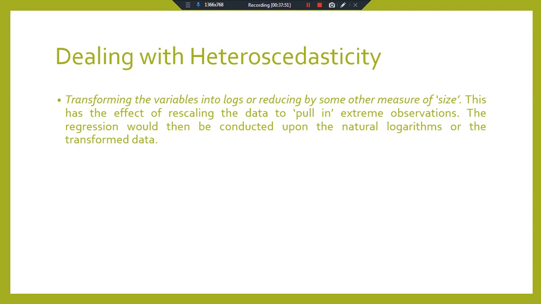This has the effect of rescaling the data to pull in extreme observations. The regression would then be conducted upon the natural logarithm or the transformed data. Keep it in mind, when you have a higher number of observations in your data, and there are few observations which have a lower value, in this case there is a chance of heteroscedasticity.